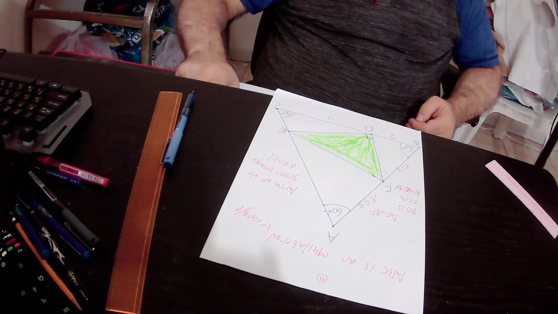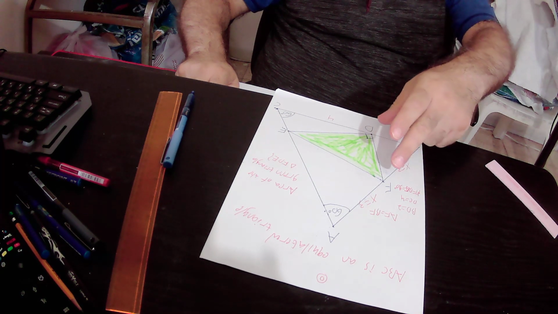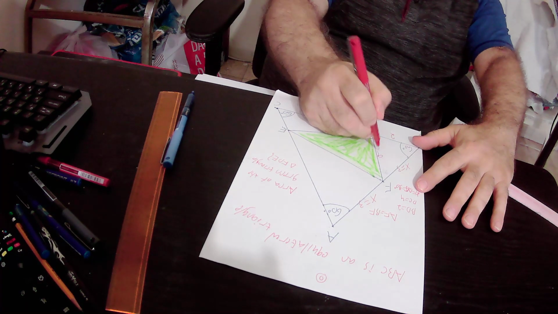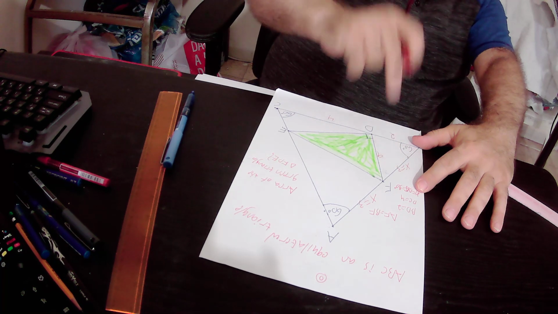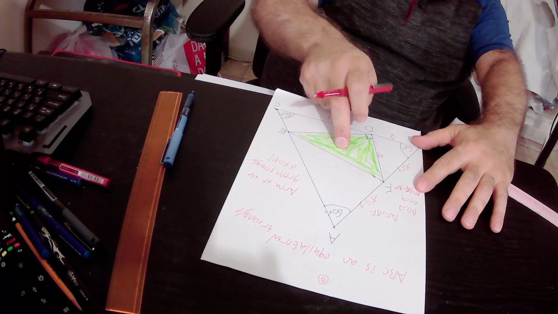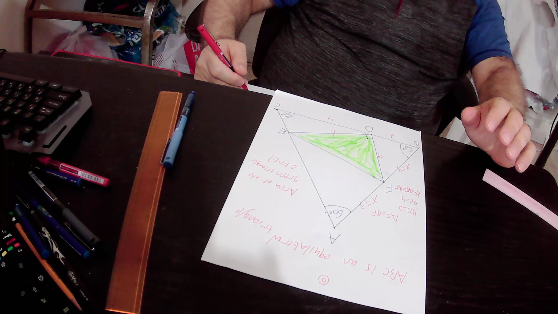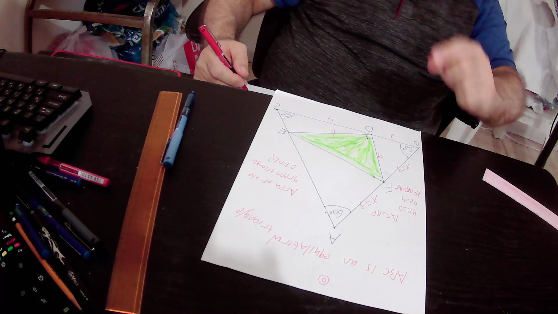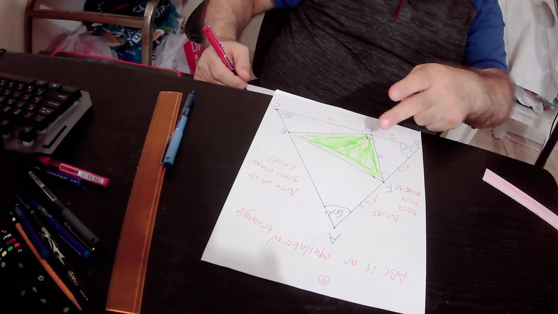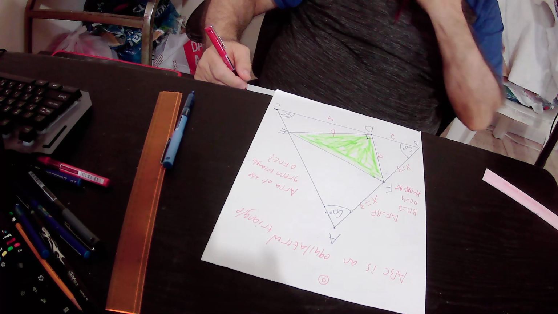In the next step we will define side FD of the green triangle as A. That is to say, FD equals A, and we will define side DE of the green triangle as B. The green triangle is a right triangle because angle FDE equals 90 degrees.